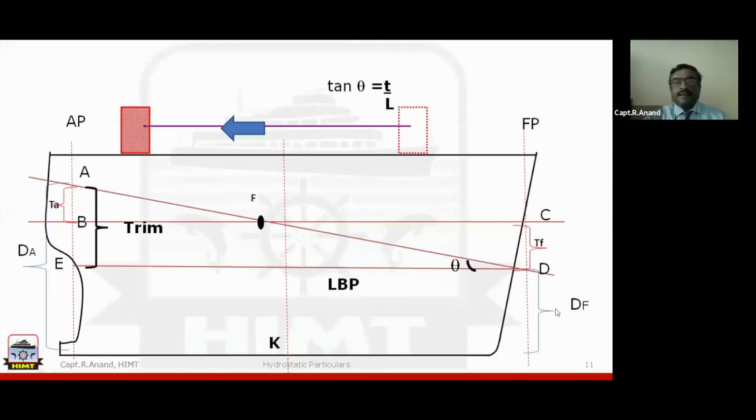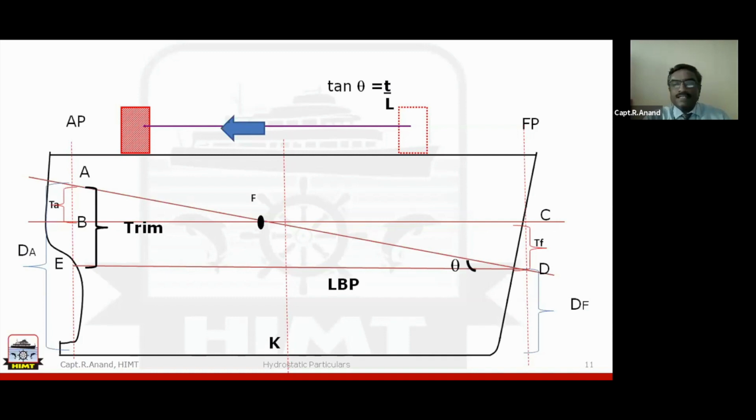Now, I want you to remember what we did when we derived this hydrostatic graph. There also, we took this large triangle AED, where theta represented the trim angle, and in this particular case, we said that tan theta was trim by LBP. Now, trim was represented by AE, which is nothing but the combination of TA and TF. Is this understood? Because as I said, whatever we are doing now, there is some link between what we have done in the earlier sessions and now.